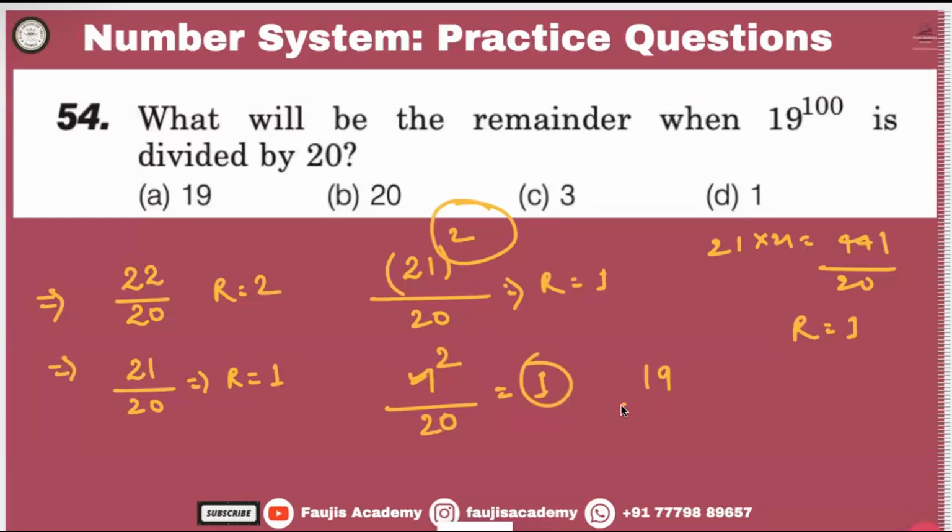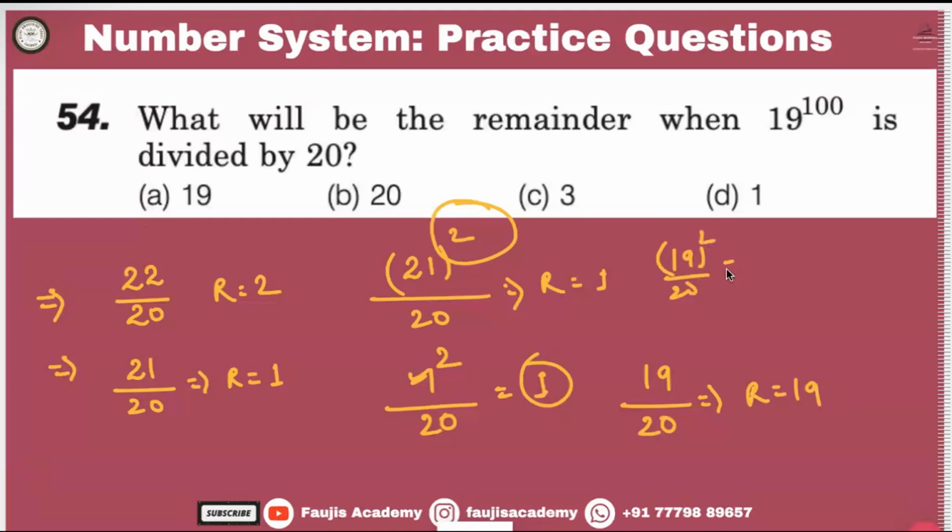And if 19 is your number over here, what is the remainder? 19 itself is the remainder, right? Now look carefully. What happens when you put 19 squared by 20? What is the remainder now? 19 squared is how much? 361.